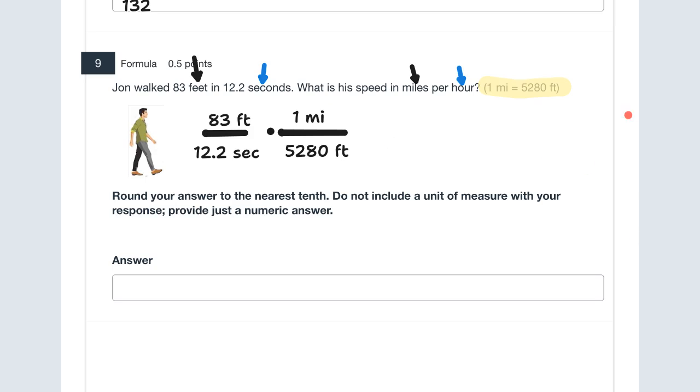Then I'm going to multiply this by the time conversion, right? I've got to get the seconds to cancel here. So that means I need the 3,600 seconds in the numerator and 1 hour in the denominator.